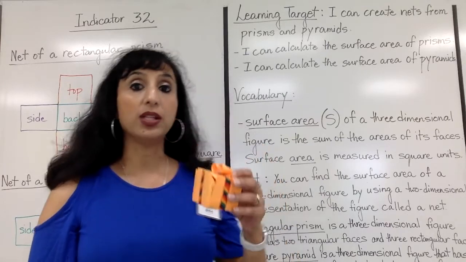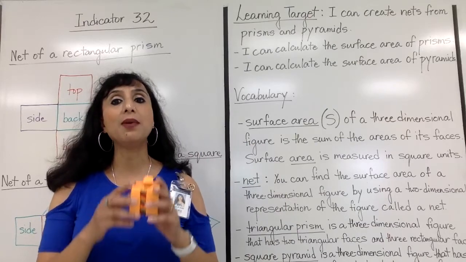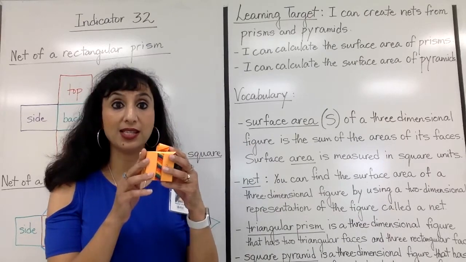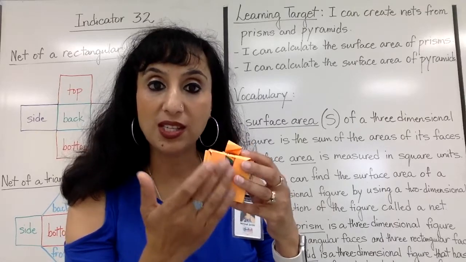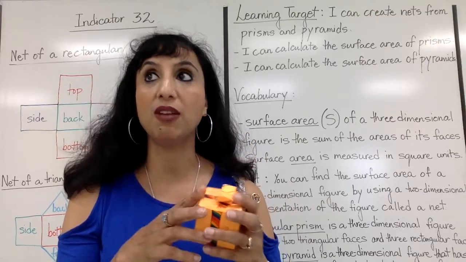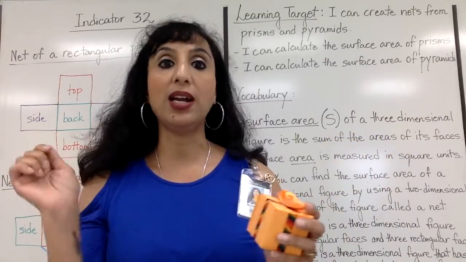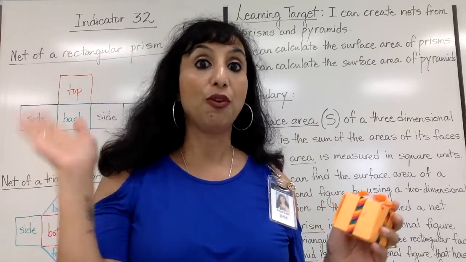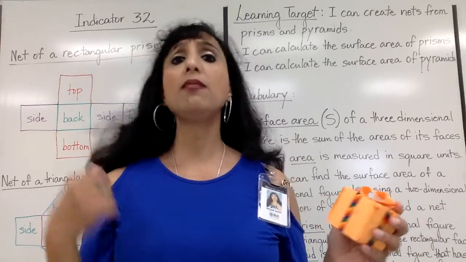So the surface area of a three-dimensional figure is the sum of the areas of its faces. And since we are finding the area of each, how much is this surface? How much is this surface? Now think about if you're painting a room, you're painting the walls. That is how much paint would you require for that area. Tiling of the floor.